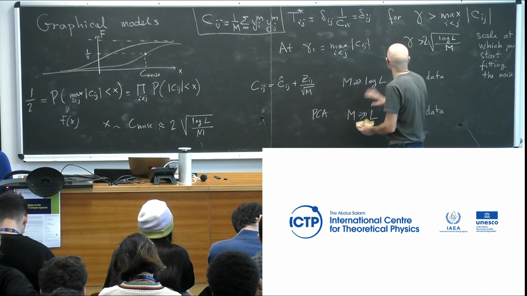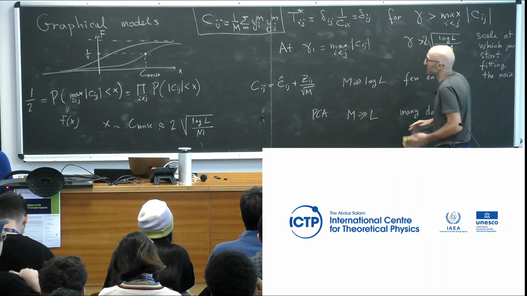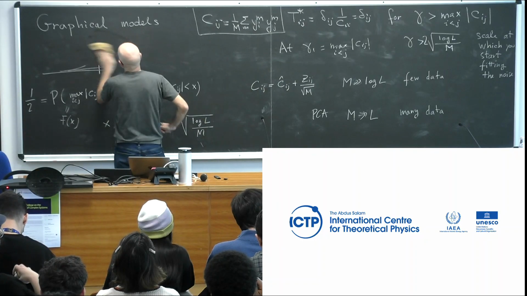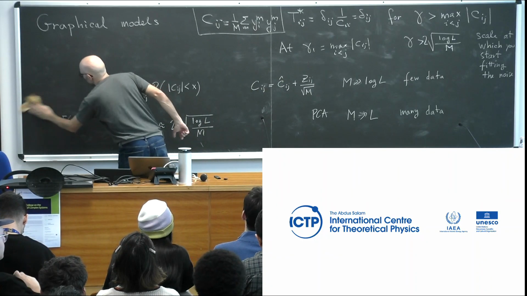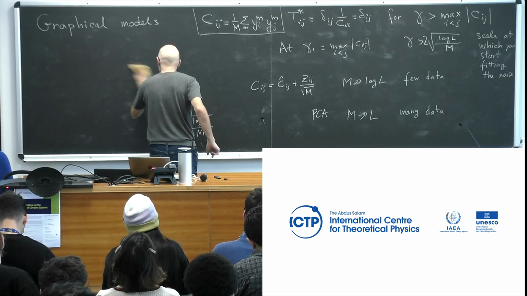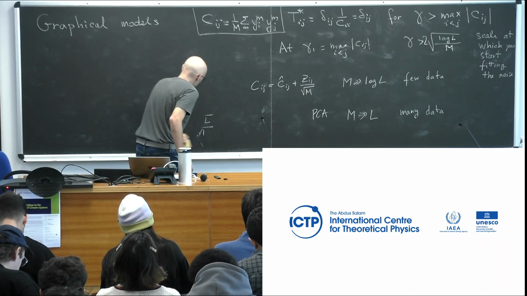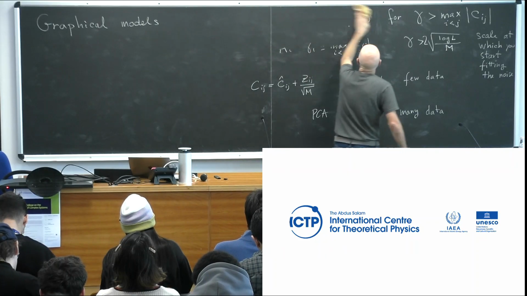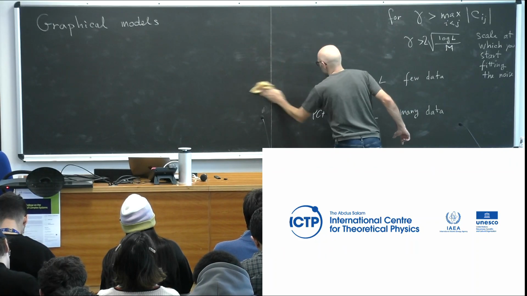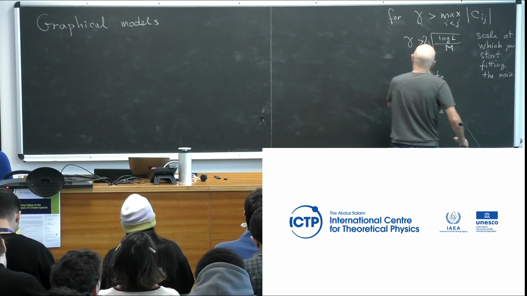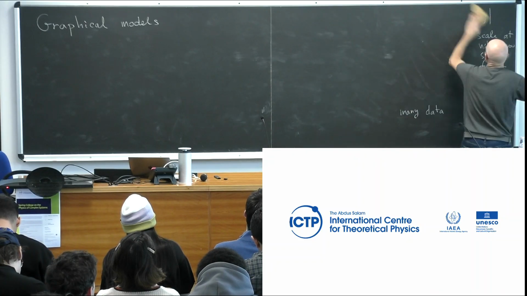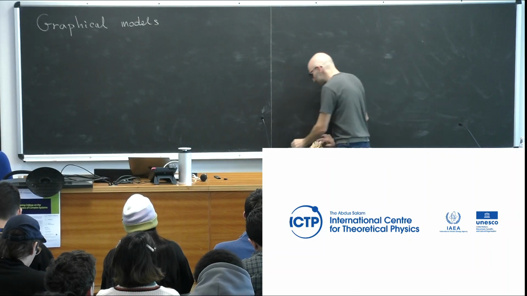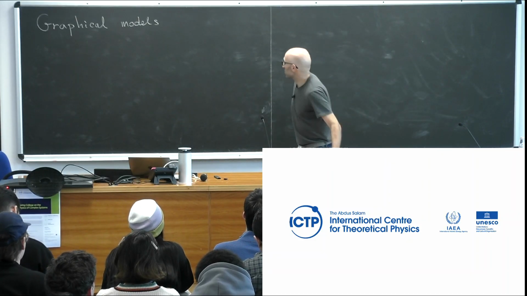Now let me make this statement more precise, okay? This was just an argument. To make it a bit more precise, I want to introduce a last idea, which is what is called pseudo-likelihood maximization. Again, we will stay for the moment in the world of Gaussian variables.